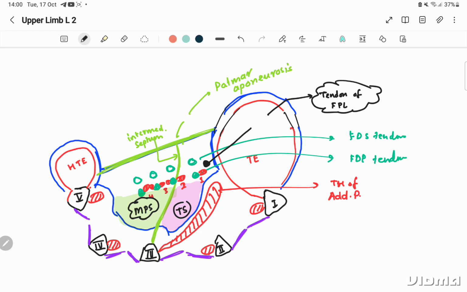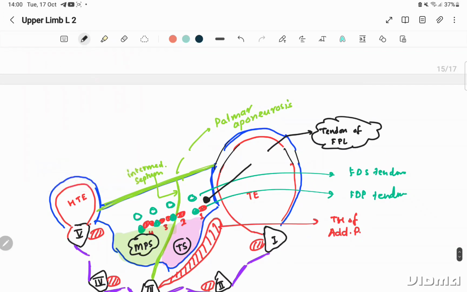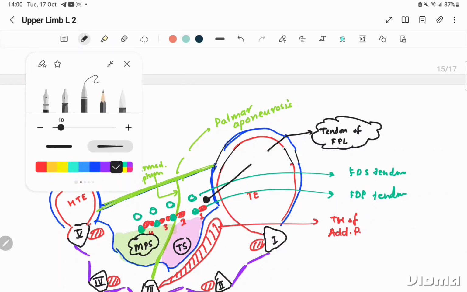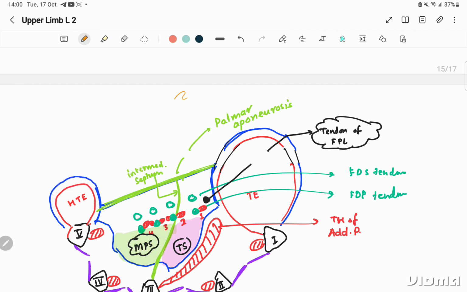So the median nerve, I am drawing it with some unique color, since I have used all the colors perhaps. Let's draw it with orange. Follow this orange. This is the median nerve which is coming here.